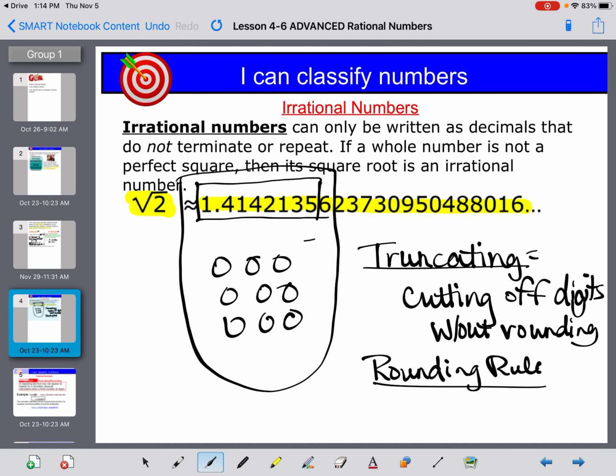So if it were rounded, this same screen would be 1.414213, but this 5 would be a 6 because the 6 says to round up. Just know or be aware that you can never really count on that last number actually being what it says. That's the main point of that.